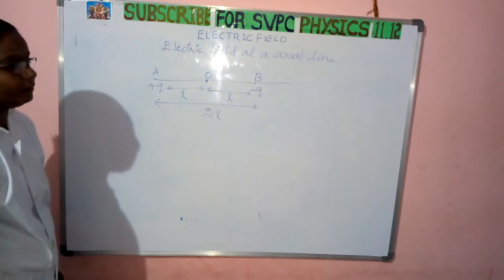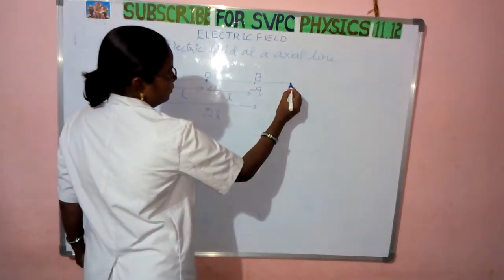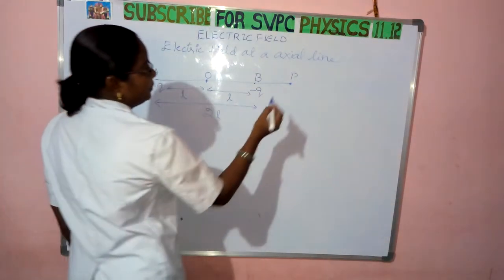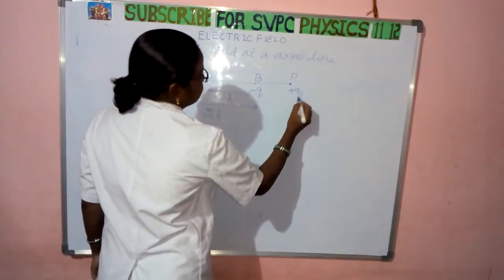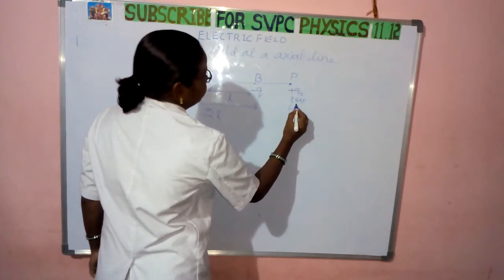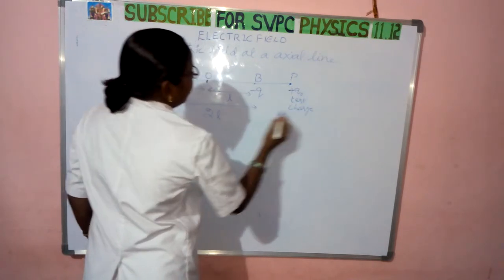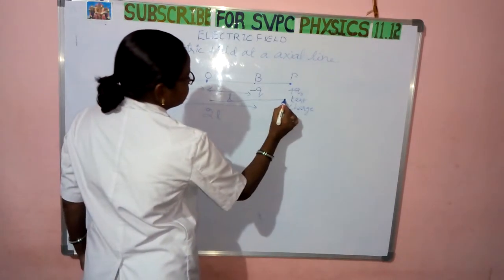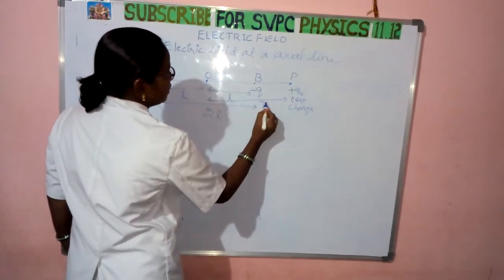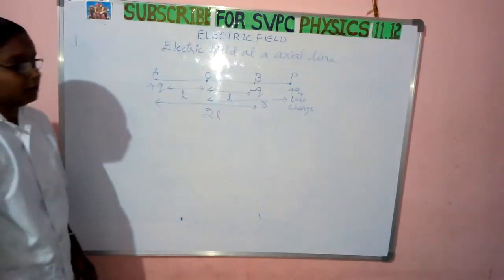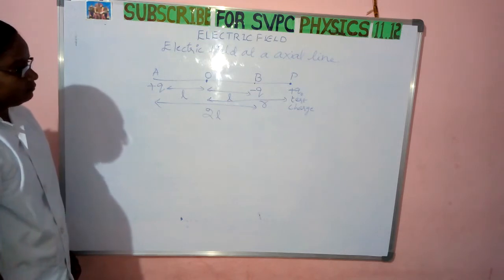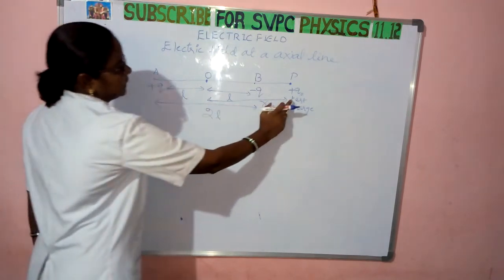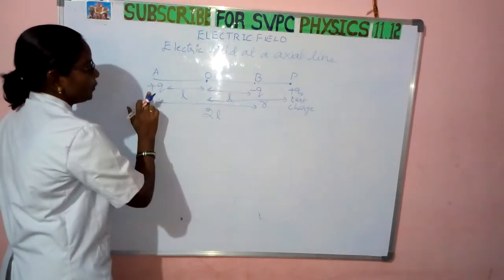Now we consider a positive test charge placed at P, plus Q naught, that is the test charge, at a distance R from O. So this distance from here to here is R. Now see, this is a positive charge, and the test charge is also a positive charge.